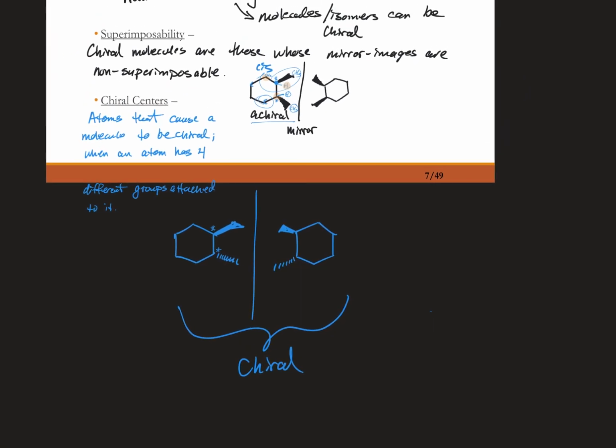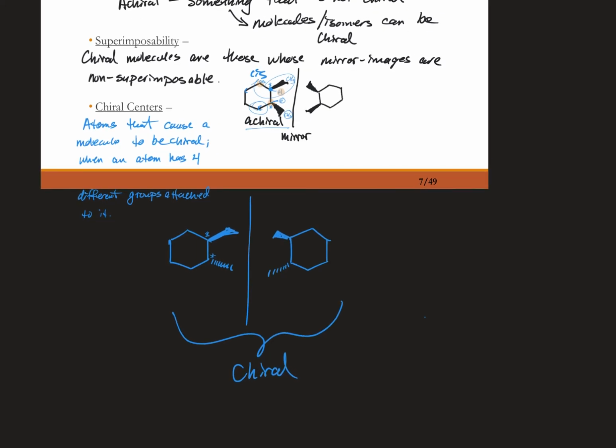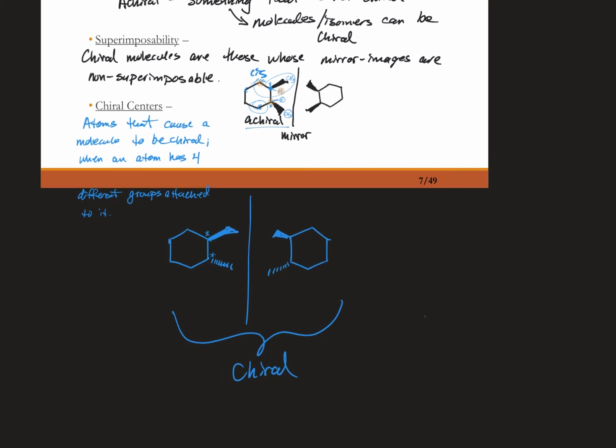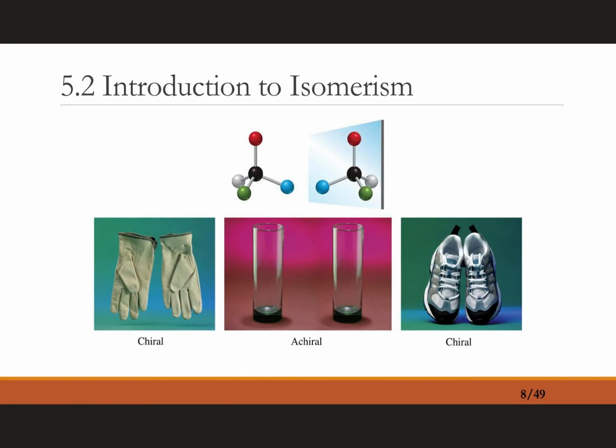So it depends. You're going to have to look at these molecules carefully and figure out, sometimes 2-dimensionally and sometimes 3-dimensionally, what's going on. Do these mirror images overlap? Are they superimposable or are they not? Here's some more examples. The gloves on the left are chiral because they are simply mirror images of each other.